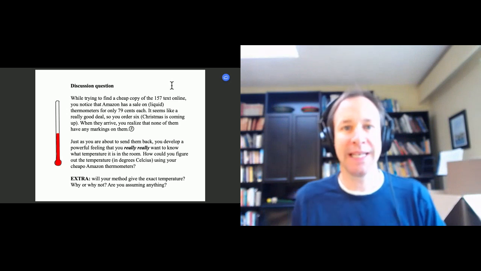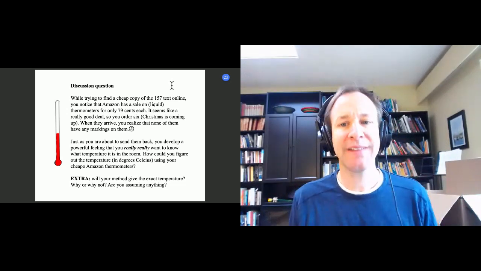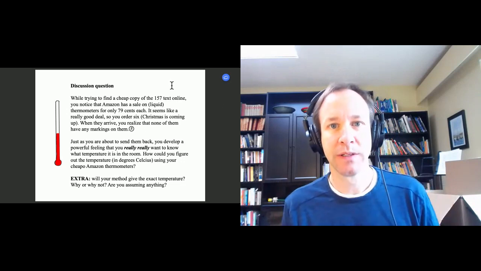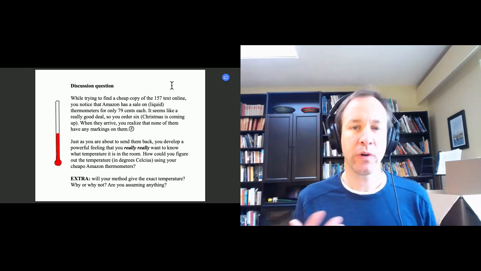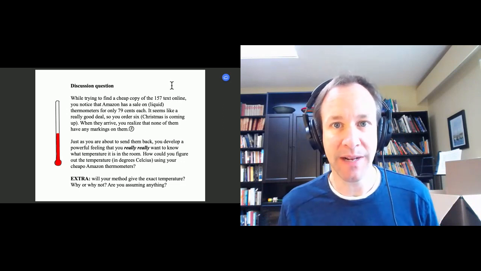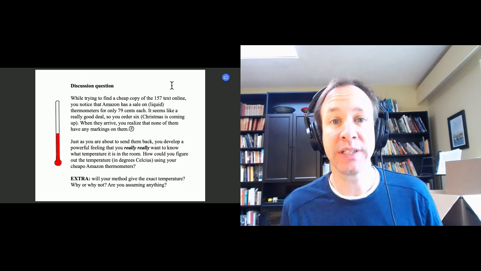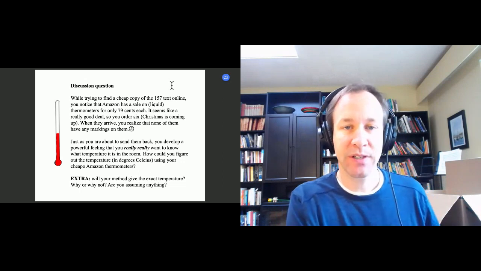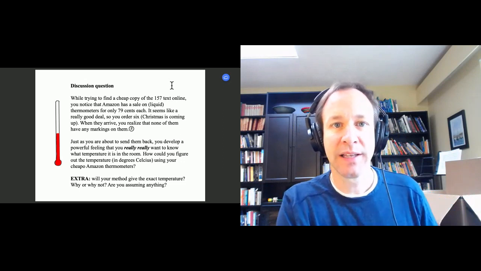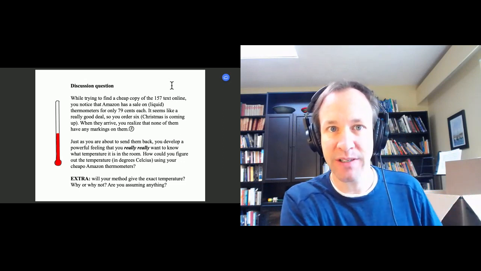Okay, so in the class, we had various suggestions, and I think a lot of the groups understood that what you could do is try to calibrate the thermometer somehow by putting the thermometer, say, in water that has a particular known temperature.